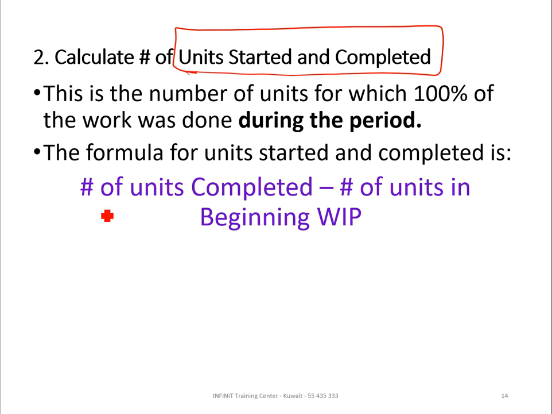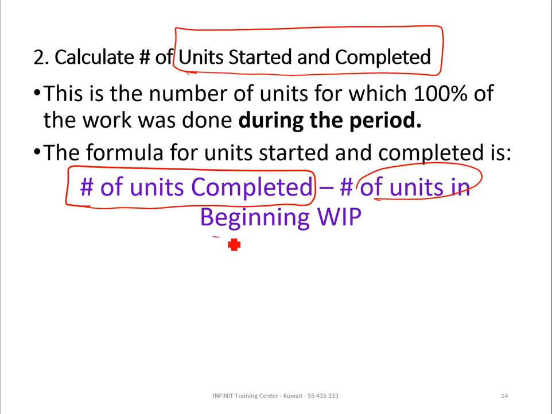You will take the number of units completed, and from that you will subtract the number of units in the beginning work in progress. This way you will know how many units I actually started during the period and completed during the period.